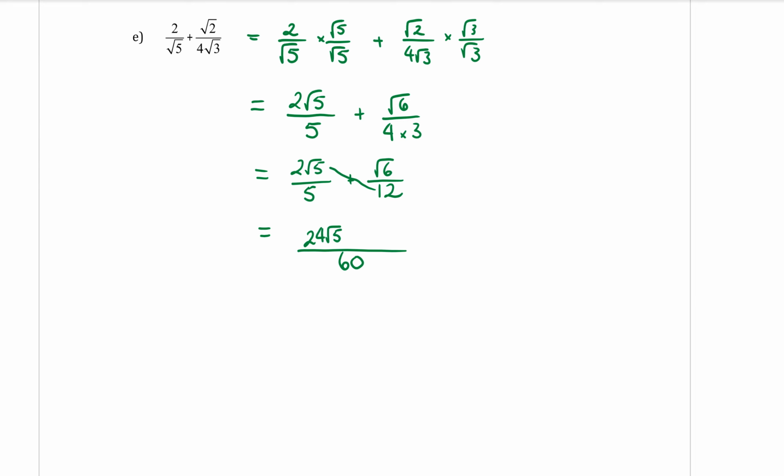And then multiplying the other way diagonally, 5 times root 6 is 5 root 6. And the plus sign goes in between. And that's actually as far as I can take this question. You always need to look out for things that can simplify further, but there's nothing else in here that I can simplify, so we're done.